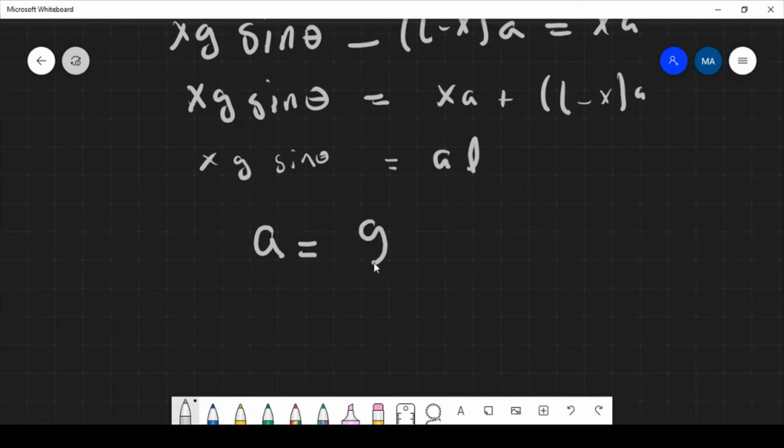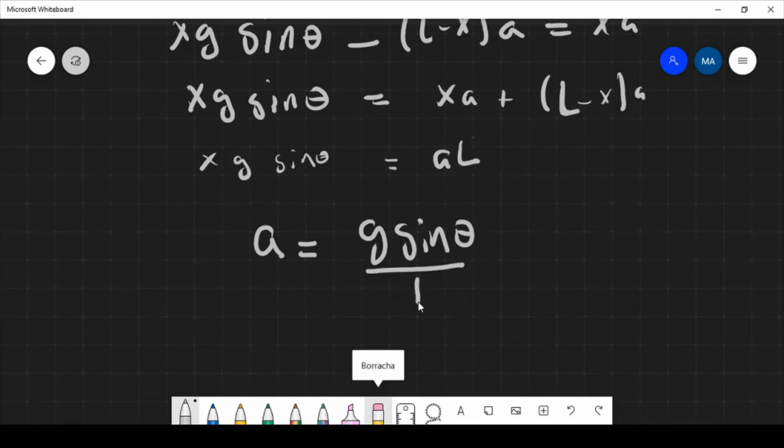So what we will end up getting is that a is g sine of the angle divided by what? This is not small l over here, this is big L, the length. We didn't use small l anywhere over here. So divided by big L, multiplied by x.